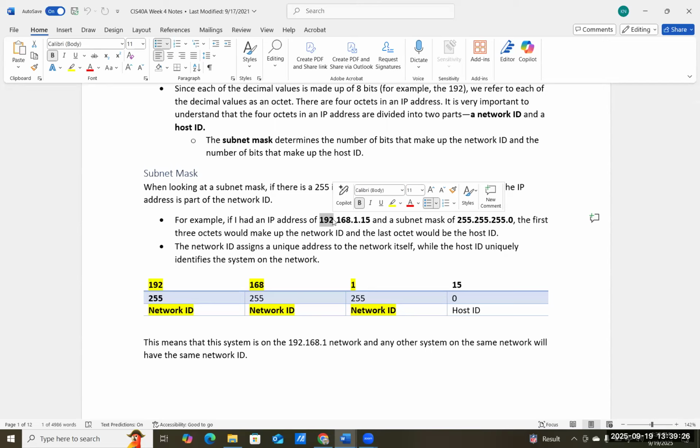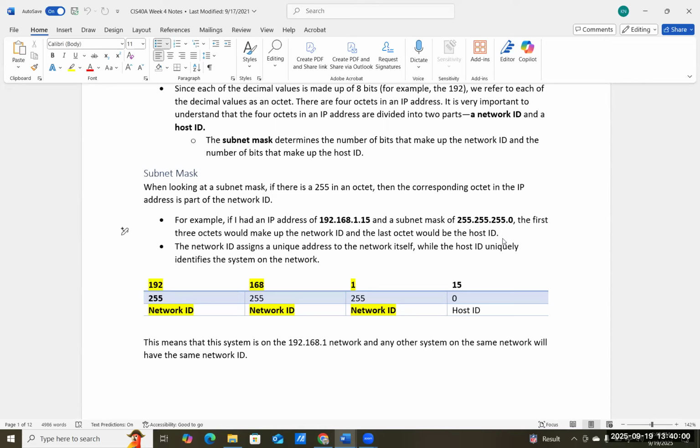You can also tell that it's a class C address by default by looking at the subnet mask. At the binary level, when all the bits are on, it's 255 in decimal. We'll see this shortly; I will convert it. If the first octet, the second octet, and the third octet on the subnet mask are on, the system knows it is class C, and that's the part of the network it needs to send to.